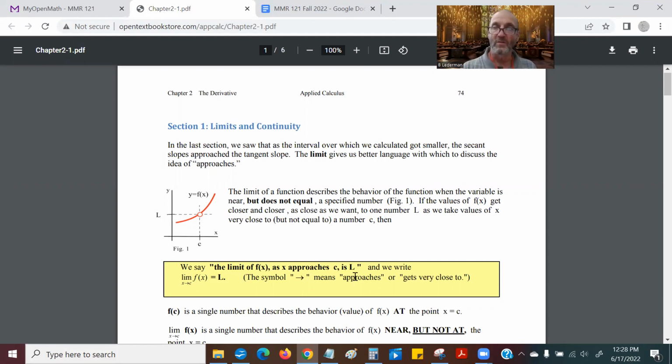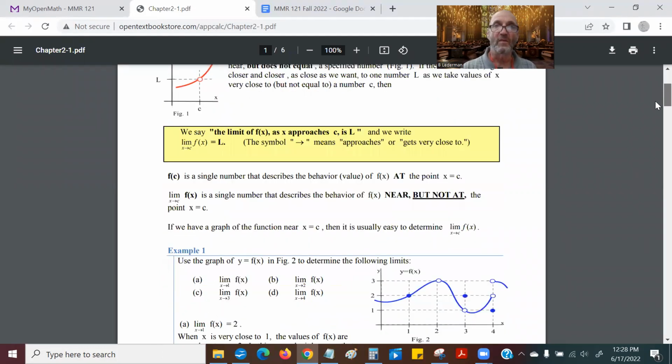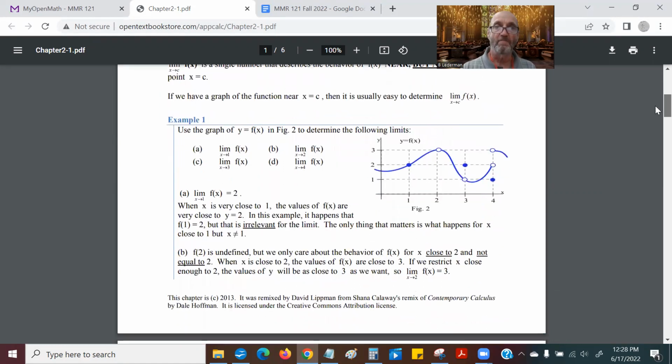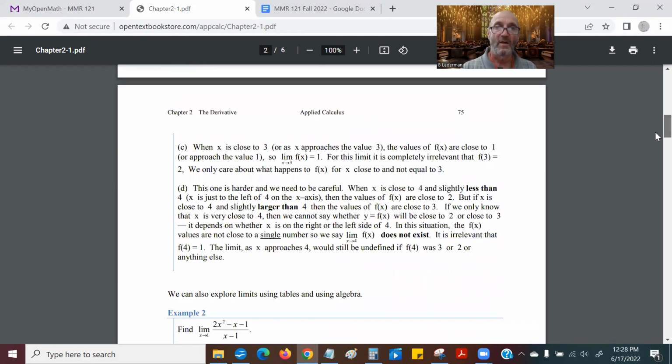This little arrow means approaches, which is a nice way of saying gets very close to it. And we said that we're looking near but not at the point x equals c. That's the point I made several times in my discussions, and we did similar examples. I want to look more at some of the definitions here.